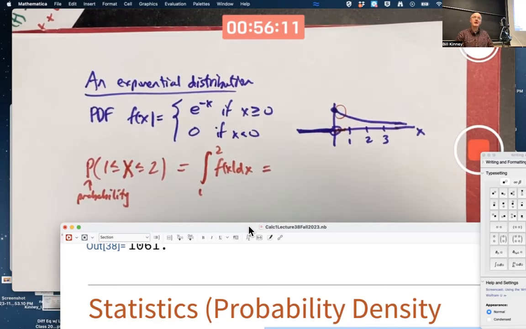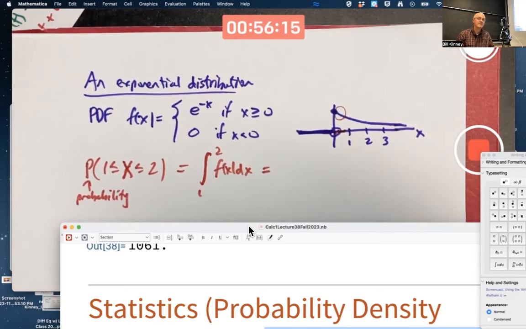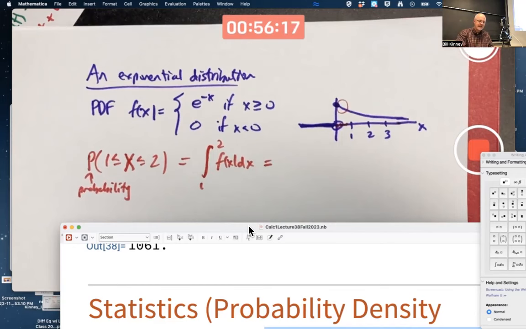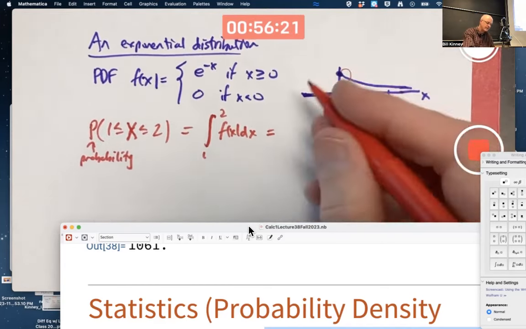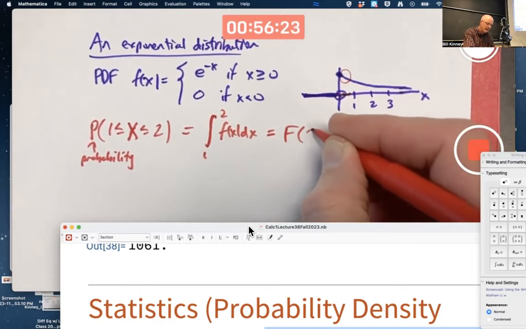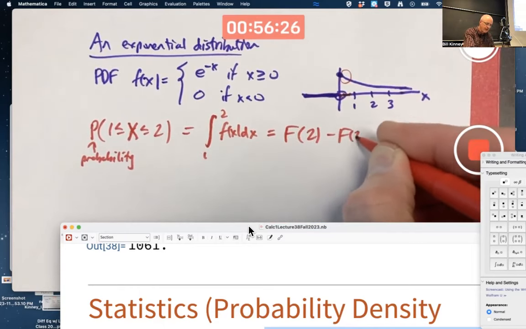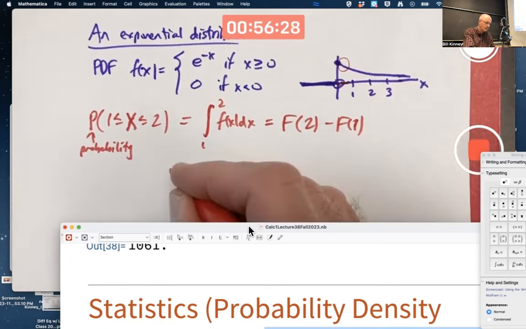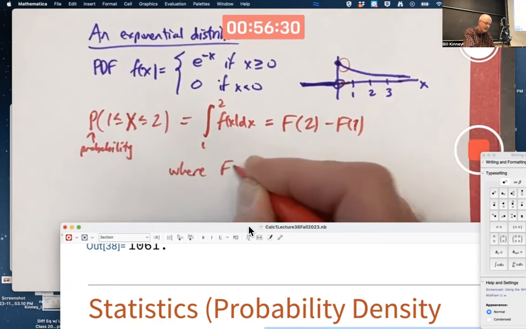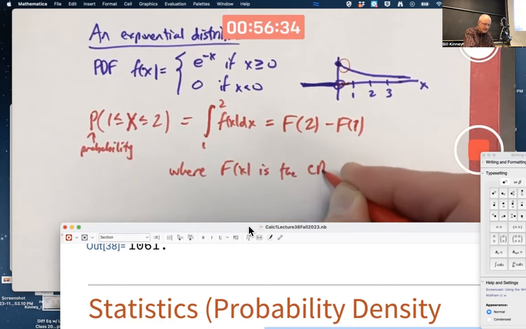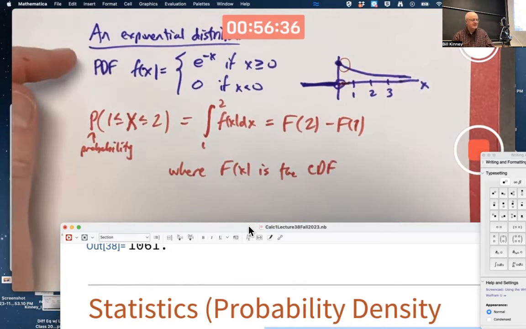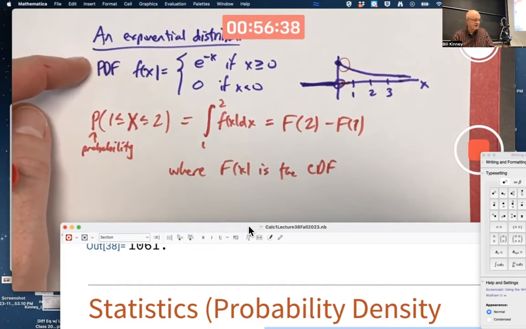Which means we need the fundamental theorem of calculus, which means we need an antiderivative. The CDF is one antiderivative. I'll call it capital F, where capital F of x is the so-called CDF. PDF stands for probability density function.